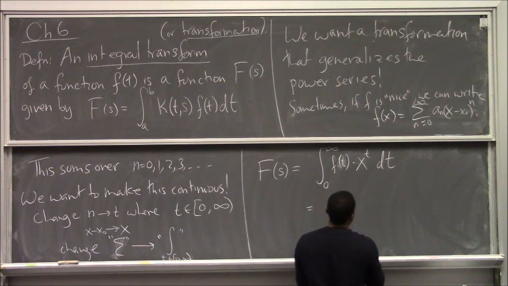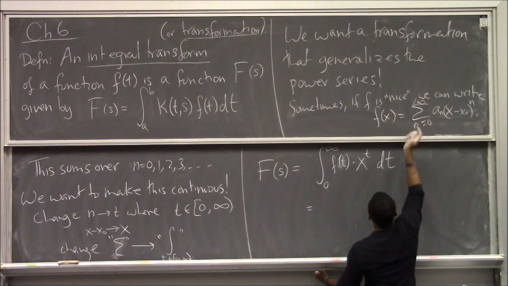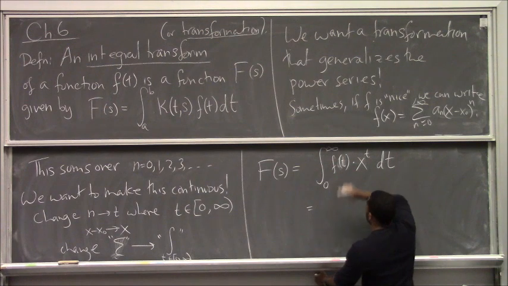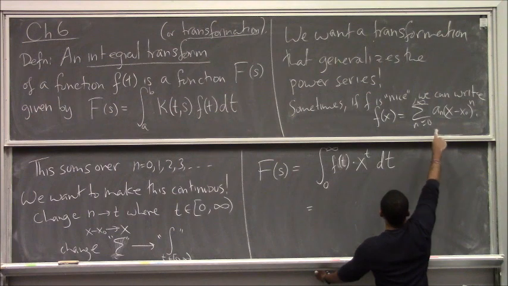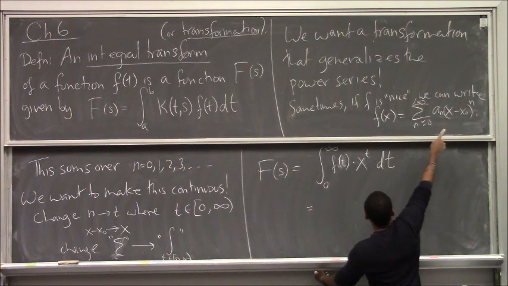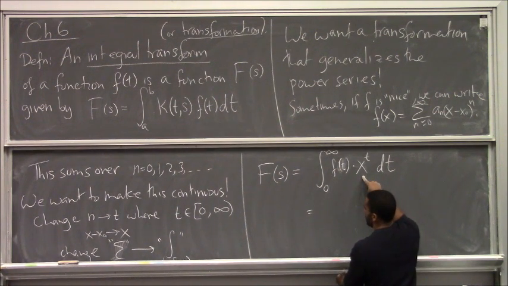You can change it. f of t, I want f of t. Right, I'm just changing everything. So the input values I'm plugging into this function, they would be like the n's, but I'm making the input continuous, so I plug in t's into the function, which means this guy, I will actually want to behave like x to the t, and making the substitutions, you get this. We want a nice way to look at this new function here. x to the t, kind of annoying.